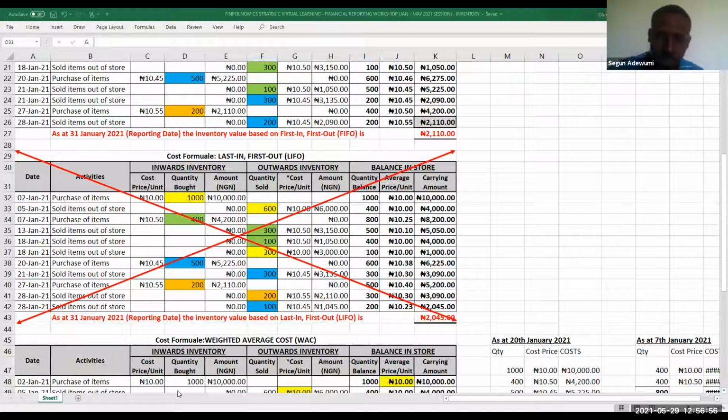Excuse me? Yes. I just want to ask, when we want to do audit, they'll give us this kind of schedule and we just need to recompute to check whether it's been properly done. Is that how it is done in audit? Okay, in audit you first of all obtain the accounting policy of the company.